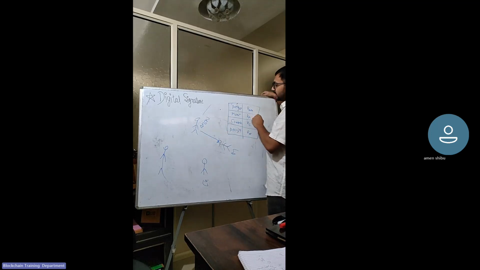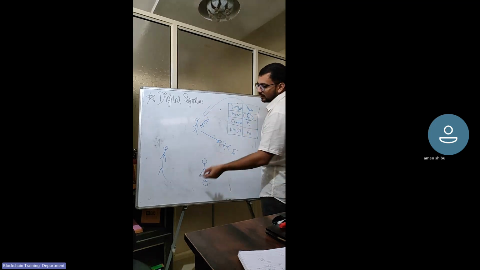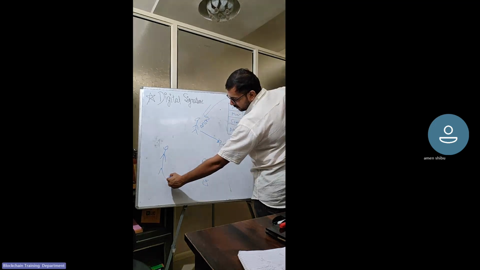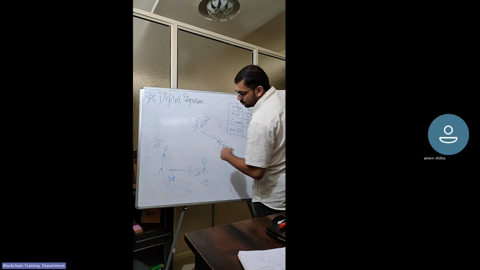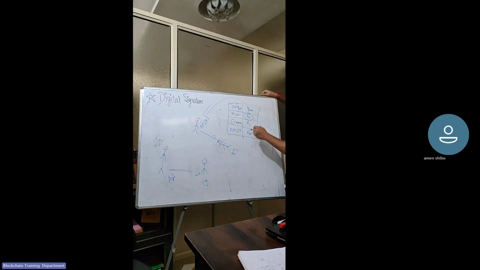He can take Mantavya's public key from this directory. Suppose Anish wants to send a message to Charan. Then Anish can take Charan's public key from this directory. So this is how a directory is maintained over the routers and the internet to make communications available, because these are public keys. So this is how public keys are maintained.